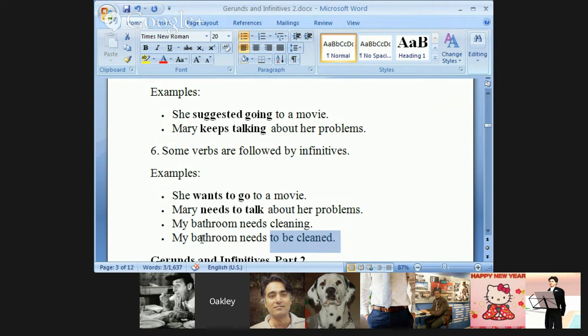Well, what's going on? Something needs to happen to the subject. Passive. Passive voice. That's right. Very, very good. There's nothing wrong with either one of these sentences. My bathroom needs cleaning. My bathroom needs to be cleaned. Either one of these is a perfectly correct sentence.